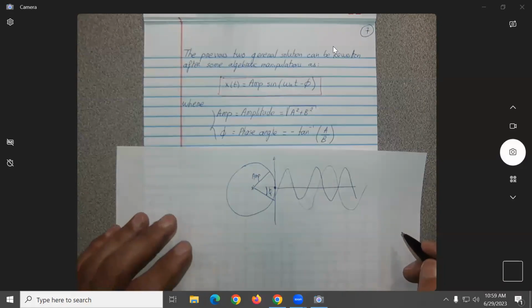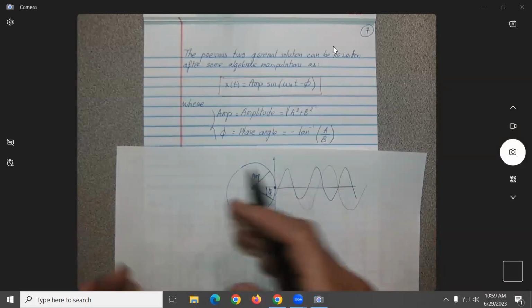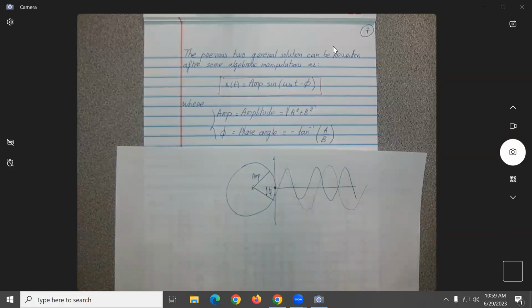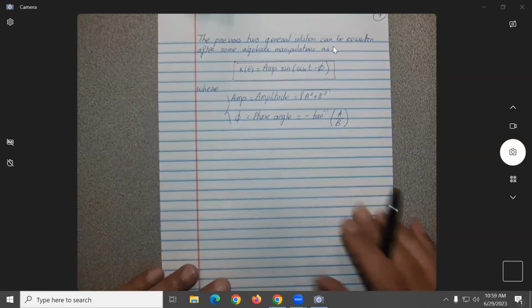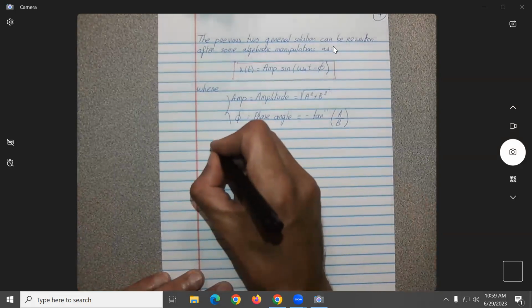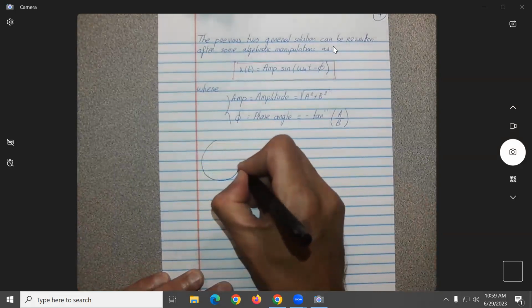Does that make sense? Okay. So that's basically what I'm going to do now in the figure on the piece of paper. All right. So basically, I want to do the same circle, but I don't know how good I'm going to do at making circles.